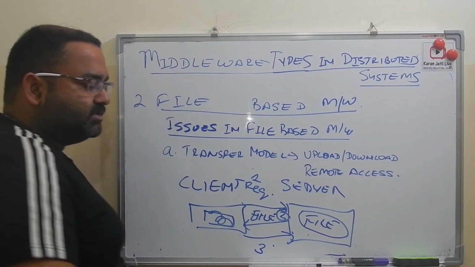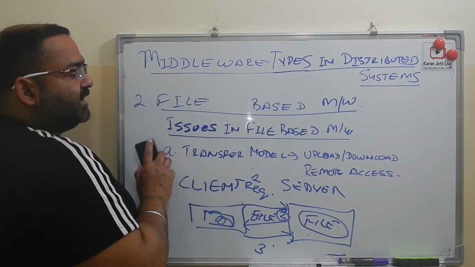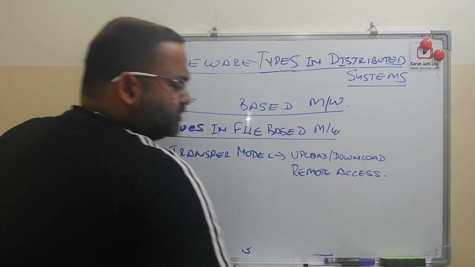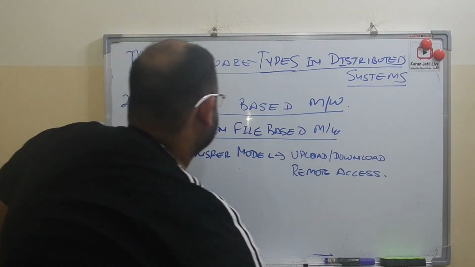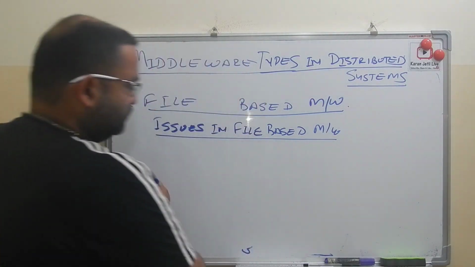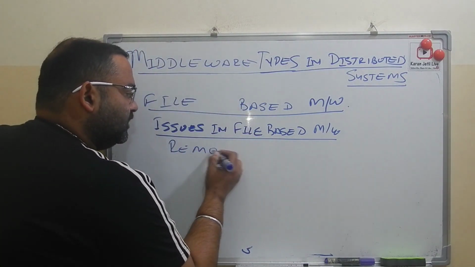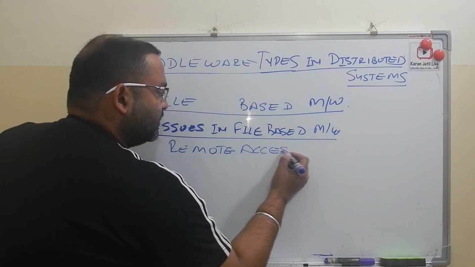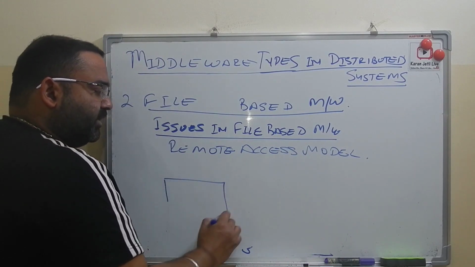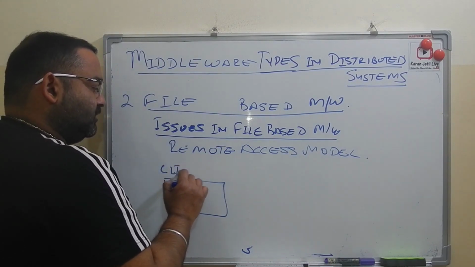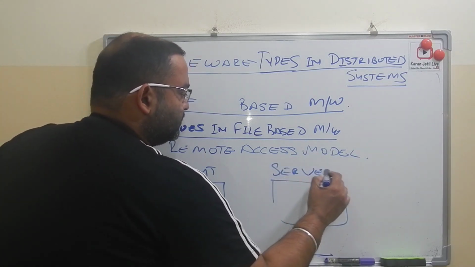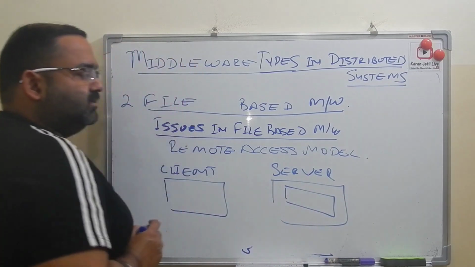So guys, the second model is called the remote access model. In the remote access model also we have a client and we have a server, and the file is on the server.